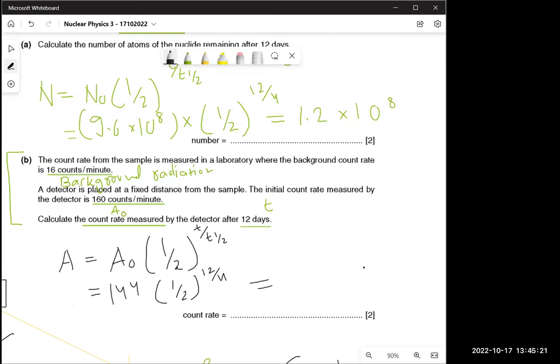Yes, exactly. 18. 18, that's the correct answer.